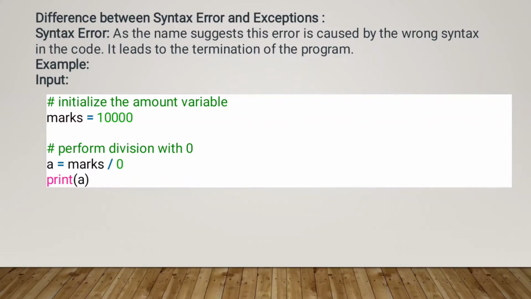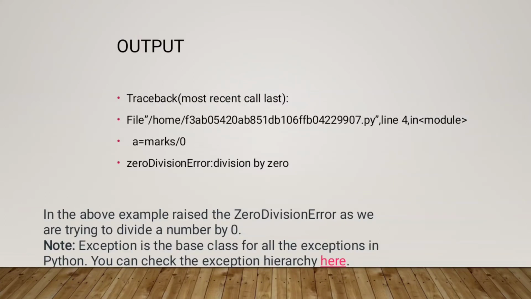So see the input: marks equals 10000 and a equals marks by 0, print a. The output you are seeing is Traceback, most recent call last, and File, it will give the file name, and a equals marks by 0, ZeroDivisionError: division by zero.